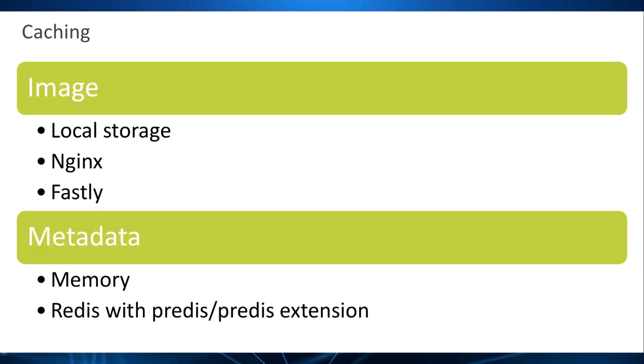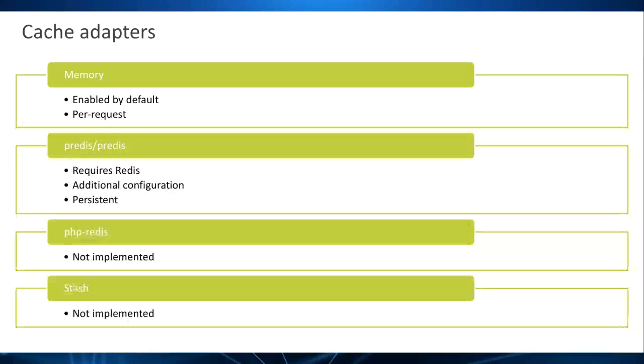This was done with Flysystem caching adapters. Flysystem itself supports more adapters. By default, we implemented only memory and Redis. But if you feel like this is not enough, Flysystem supports more caching mechanisms like PHP Redis, which is a native PHP implementation. It also supports Stash and memcached.